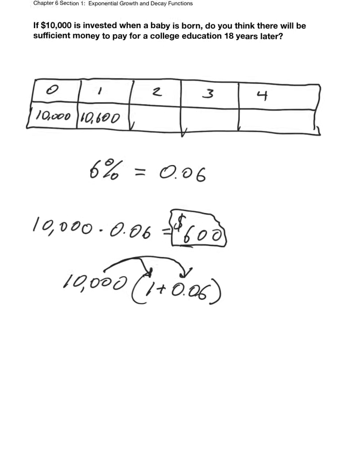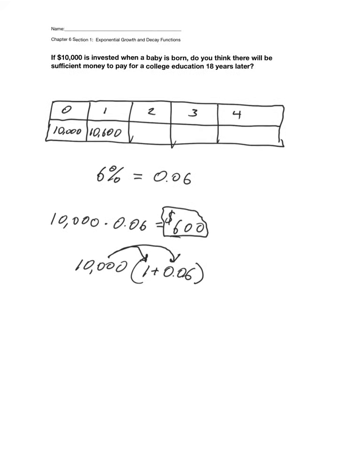So what happens after we've done this? Every year, after 1 year, I get $10,600, and if I multiply again by 1 plus 0.06, how much will I get after the next year? That's year 2. And then year 3, I'd multiply one more time by 1 plus 0.06, and I would just keep doing this.